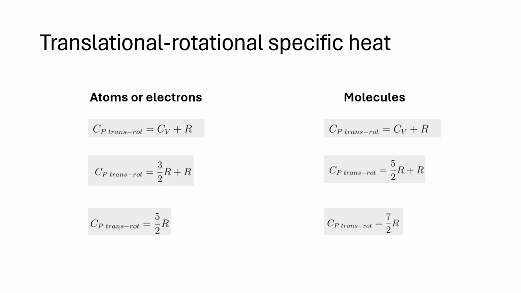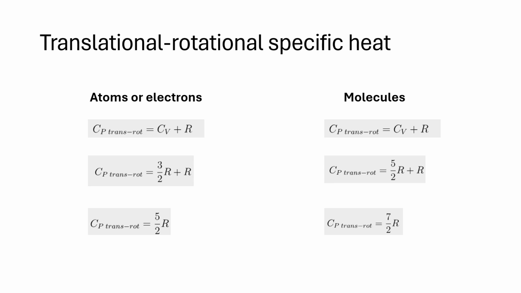Before going on to this, we had four energy modes right now: translational, rotational, vibrational, and electronic. The translational and rotational modes of specific heat are assumed to be fully excited. The other two together are considered as dependent on temperature, but these two are considered fully excited.